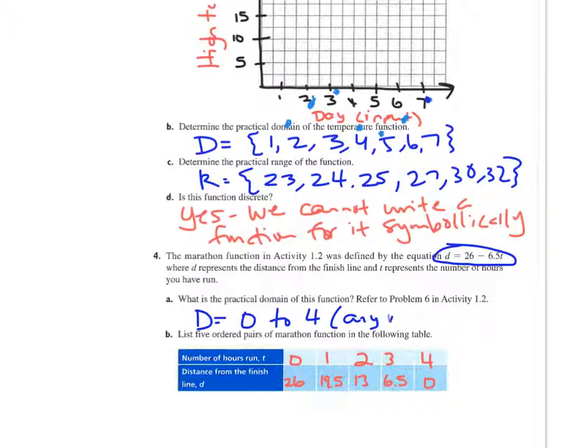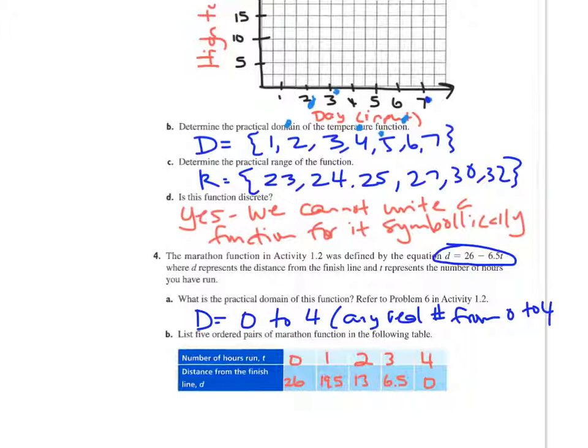So it's any real number from 0 to 4. This one doesn't have to be a whole number. I don't have to plug in only 0 hours or 1 hour or 2 hours or 3 hours. I can plug in anything in between. So right there, that can tell you that this is not discrete.